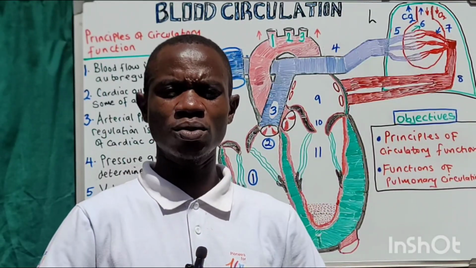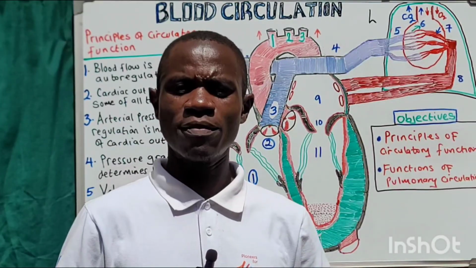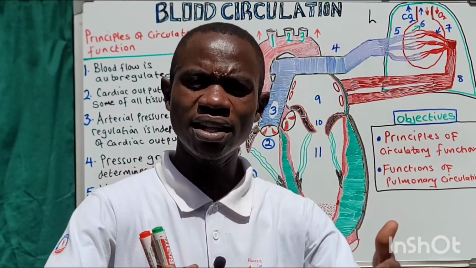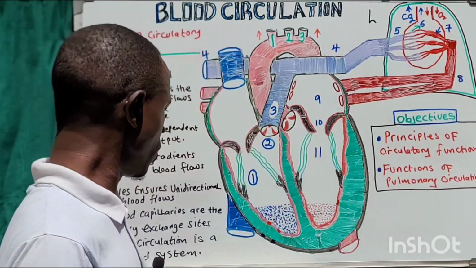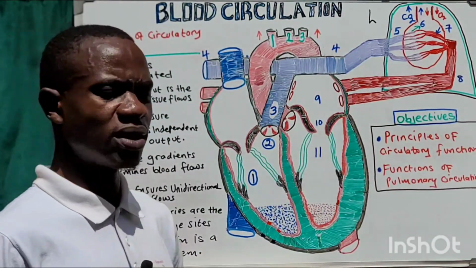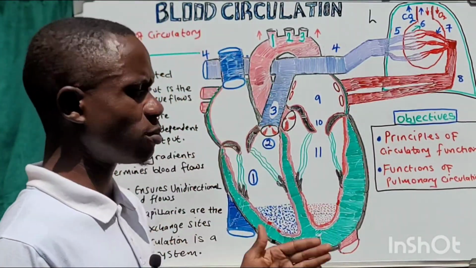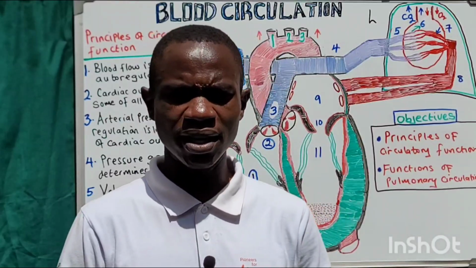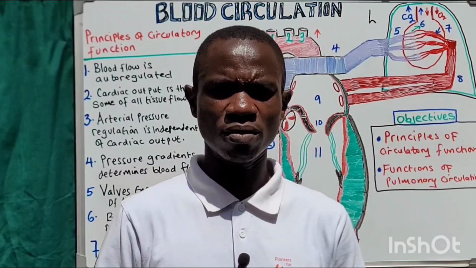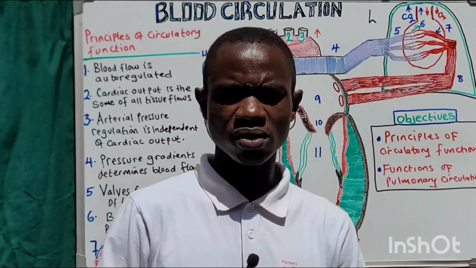From there, we have the post-capillary vessels, which we call the venules. The venules will come together, multiple of them, to make the big veins, like the inferior vena cava. It drains all that blood back to the heart, especially the right side of the heart. All that makes a lot of sense. So blood circulation is a closed system.